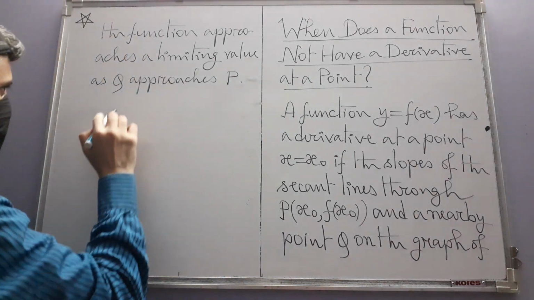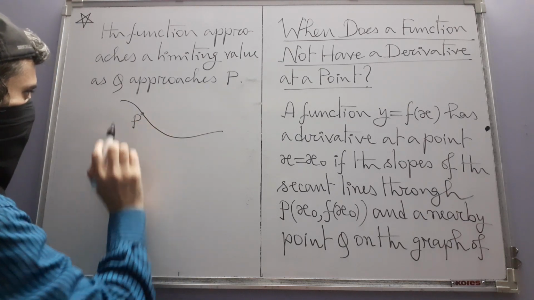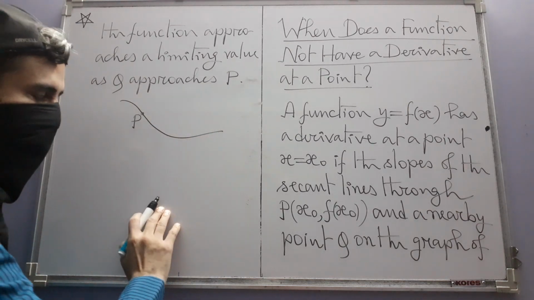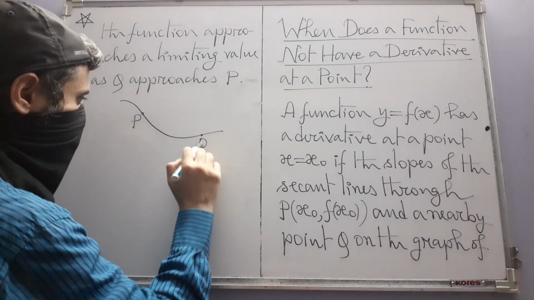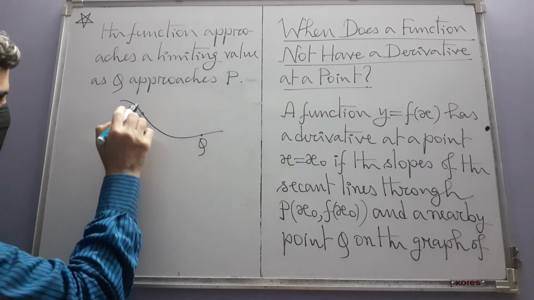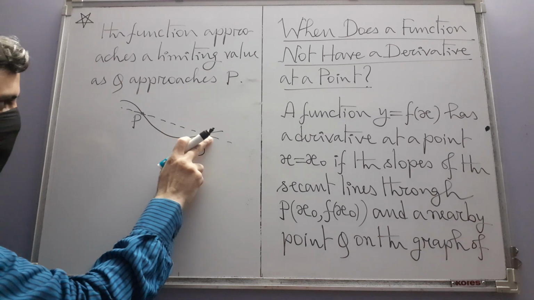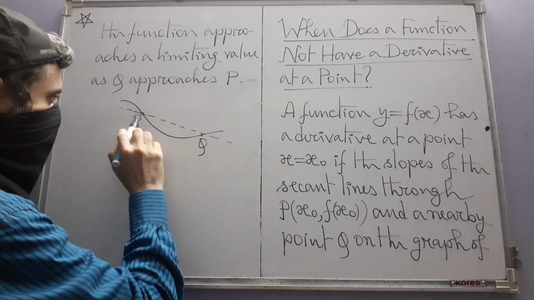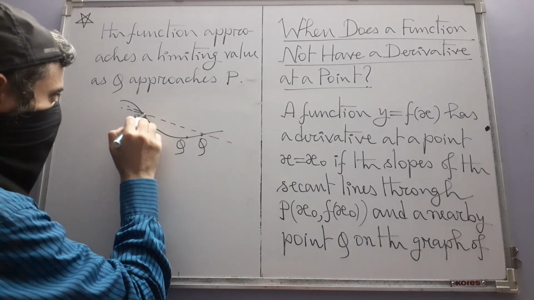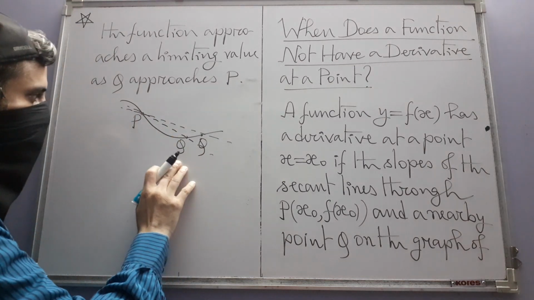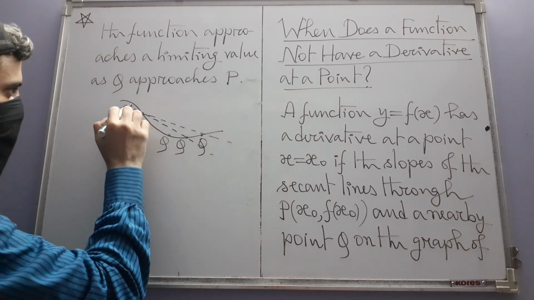So basically what we are saying is this. Suppose this is your point P and this is the graph of the function, a portion of the graph maybe, and this is your point Q. You draw the secant line passing through P and Q, and you keep P fixed but change Q. You make it move towards P while all the time being on the graph.